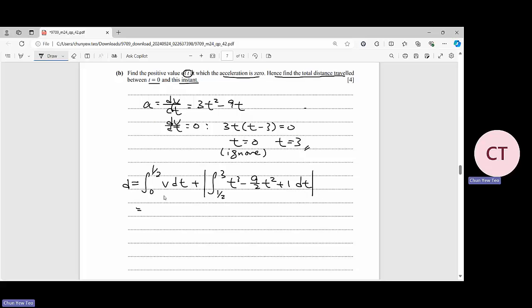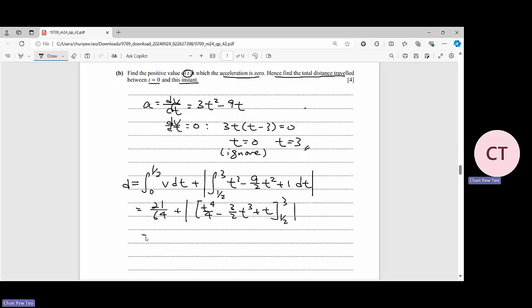So this is already known from part A, we already know it's 21 over 64. Then this one is modulus. We still put modulus. This one is t power 4 over 4 minus 3 over 2 t cube plus t. And then we are going to substitute half and 3 inside here.